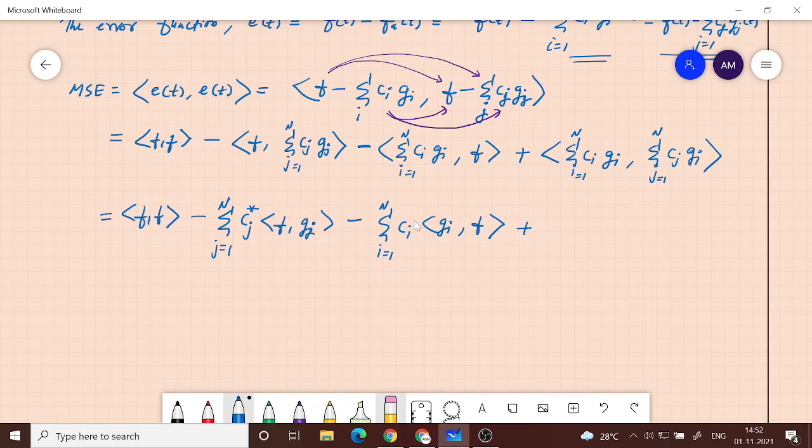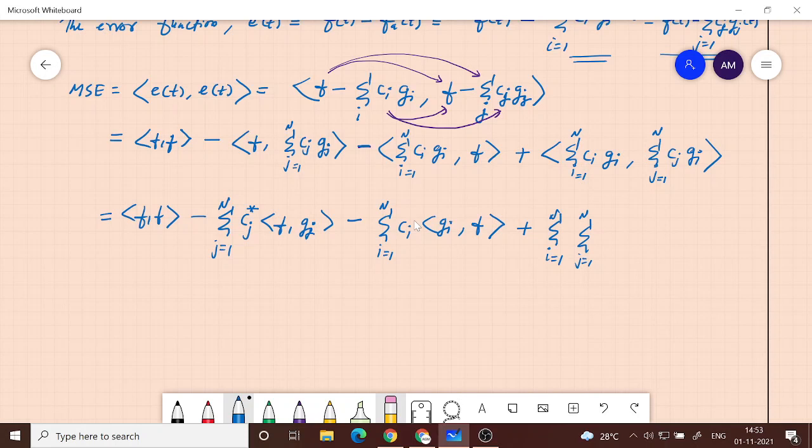Now here there are n square terms, i going from 1 to n, j going from 1 to n. So I can take both summations outside. You can write it as a sum of n square integrals. So i going from 1 to n, j going from 1 to n, and they are independent variables.